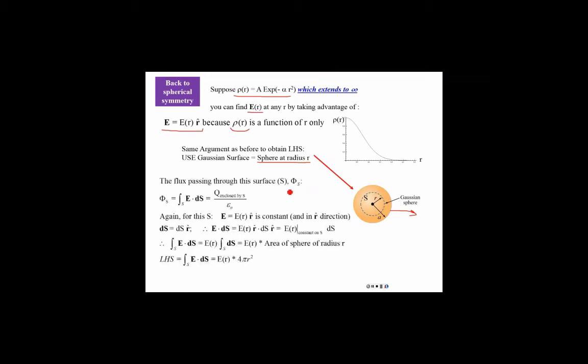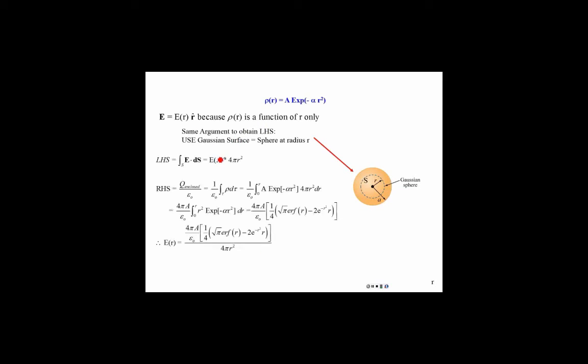We want to get the flux through that surface, and so we look at the left-hand side for this surface S. We use our symmetry arguments to get the expression here. Everything stays the same, and we end up with the same expression for E sub r times the area of that sphere of radius r. So the left-hand side looks exactly as we obtained before when we have this spherical symmetry.